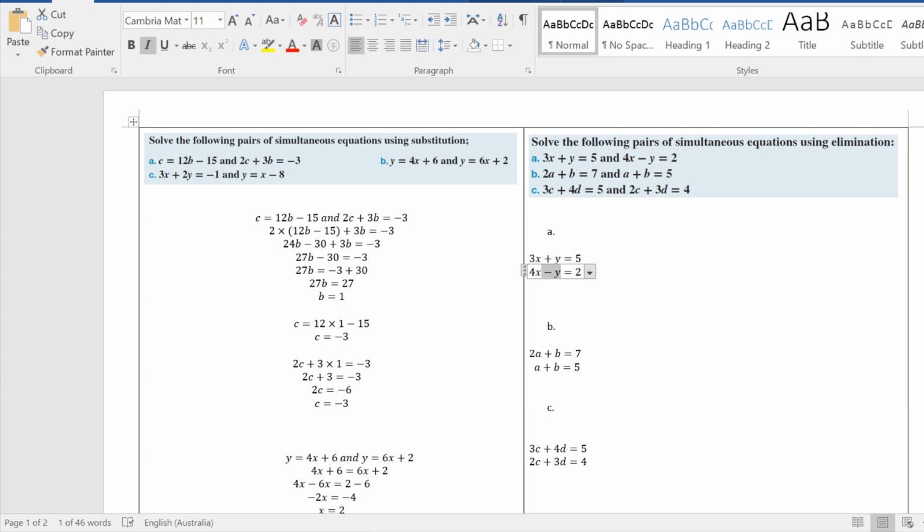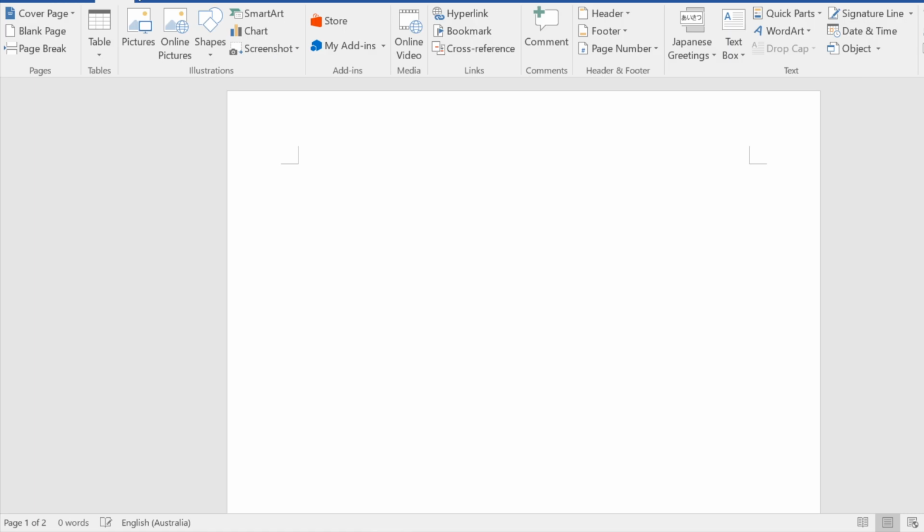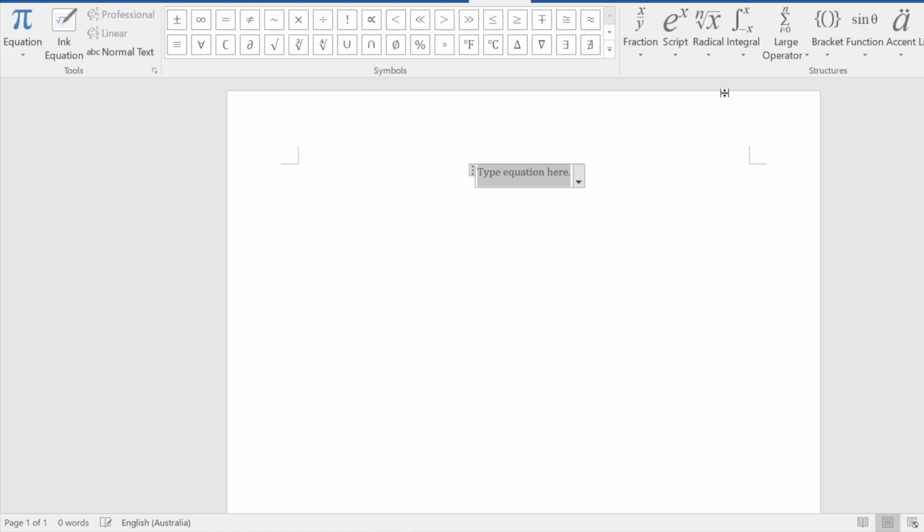Now, if I merge these two together using addition or subtraction, how am I going to get rid of that y? I've got a positive and a negative y. Well, going back to our blank document, if I had, say, y minus y, that would indeed give me 0, okay?